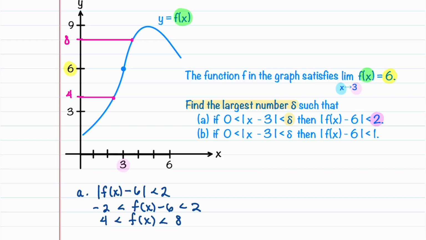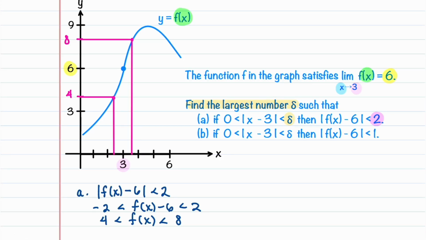These 2 points correspond to x lying within this pink region. Let's label this so you can see it. This is 3 plus delta, and then this is 3 minus delta. To find delta, we can see that 3 plus delta is approximately 3.6.